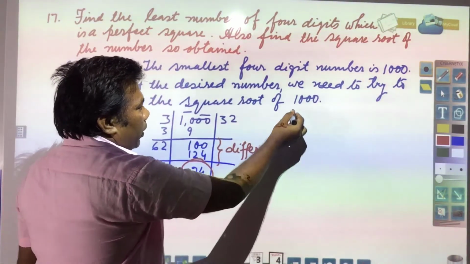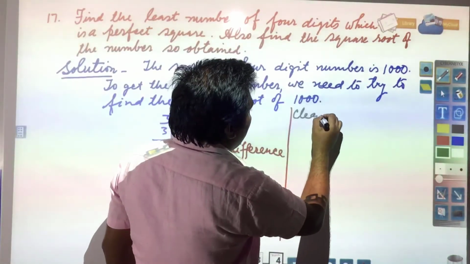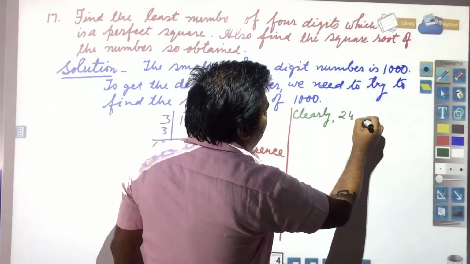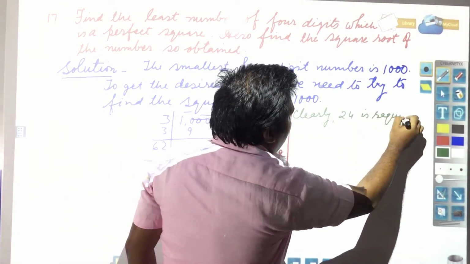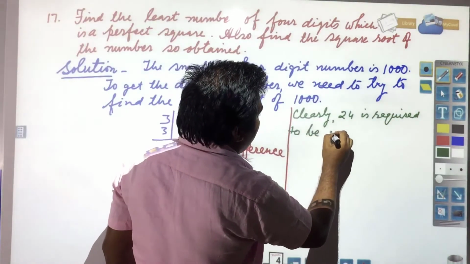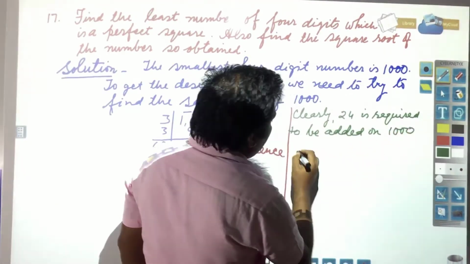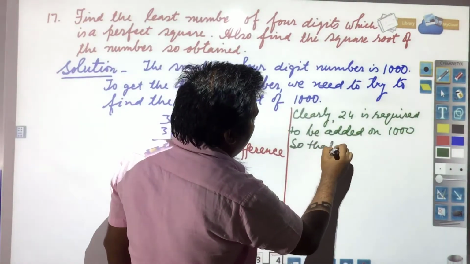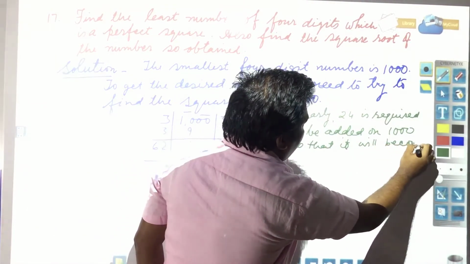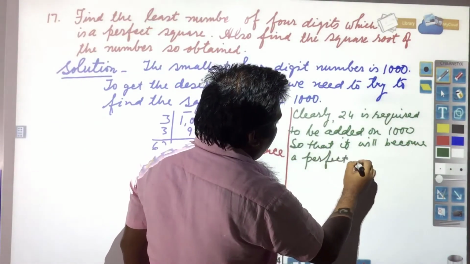So again, what will you write? Clearly, 24 is required to be added on 1000 so that it will become a perfect square.